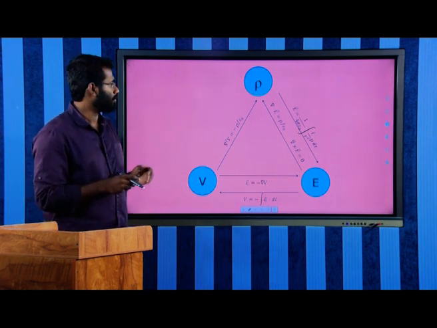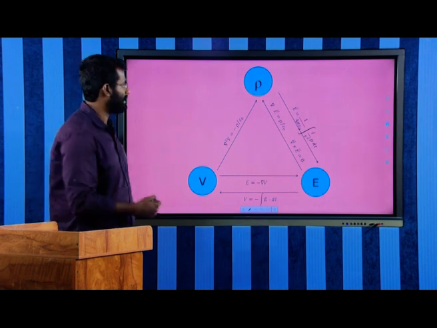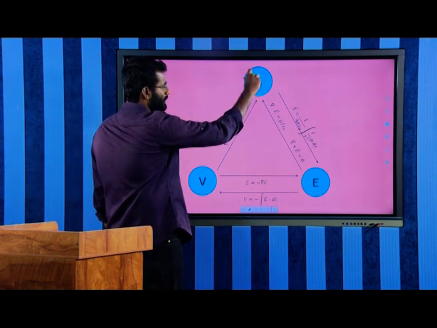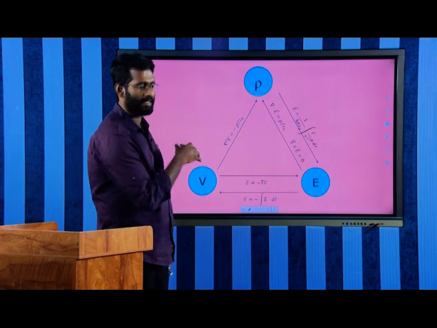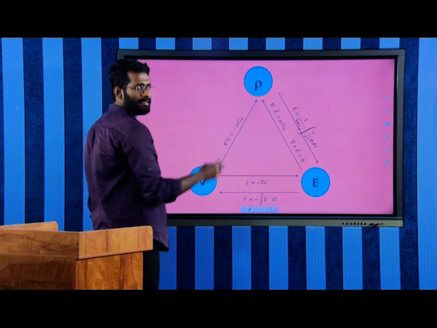So in general we use it in this way. If you are given a particular distribution, a rho, that is what we have done in the previous problem. We have a rho, that is a charge distribution.